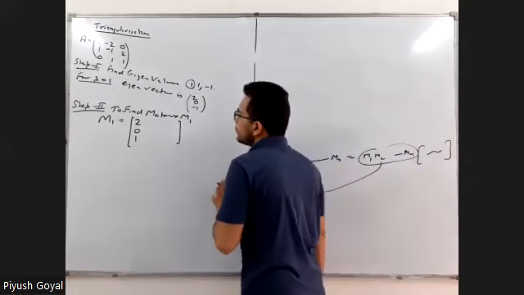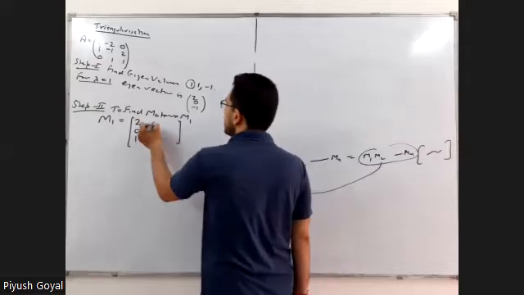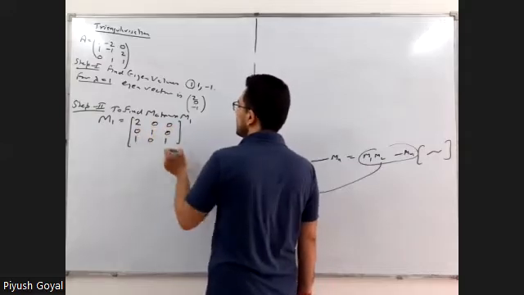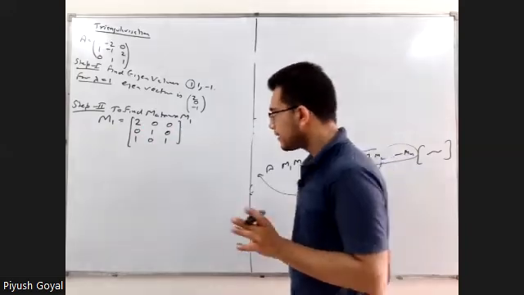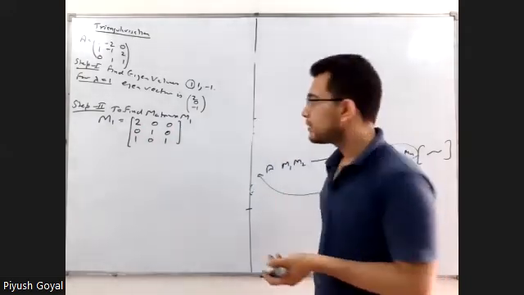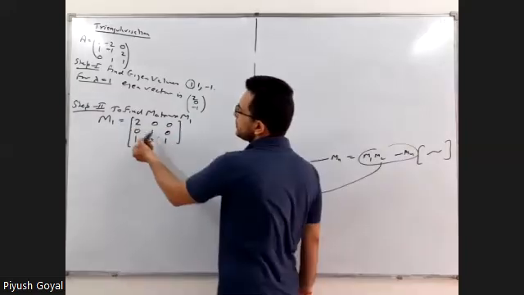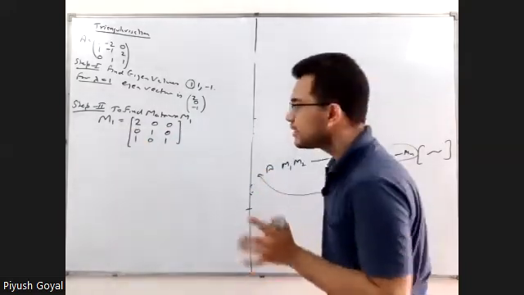Okay, so the best way is always to think of a matrix of this form. This is a triangular matrix, and you know that for a triangular matrix the determinant is the product of diagonal entries. When you find the product of diagonal entries, it will be 2 and it is non-zero, so the matrix is non-singular.